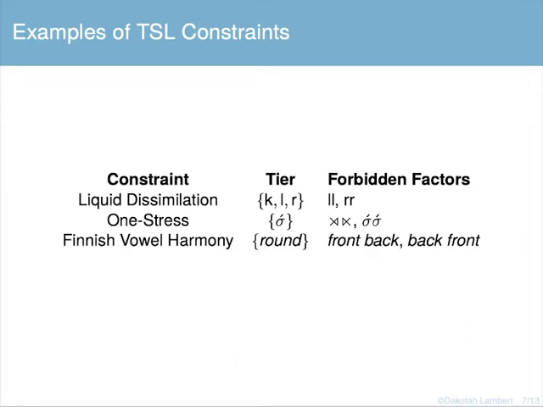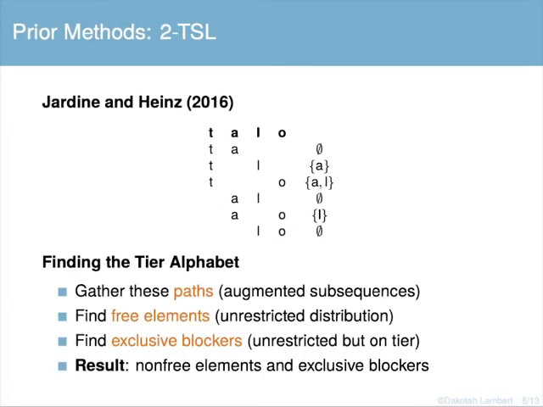And as discussed, the Finnish vowel harmony operates over the tier of round vowels, and you can't have a front vowel followed by a back vowel, or a back vowel followed by a front vowel on this tier. Prior methods for learning tier-based strictly local constraints and their tiers include one by Jardine and Hines in 2016, where you extract subsequences as well as their interveners.